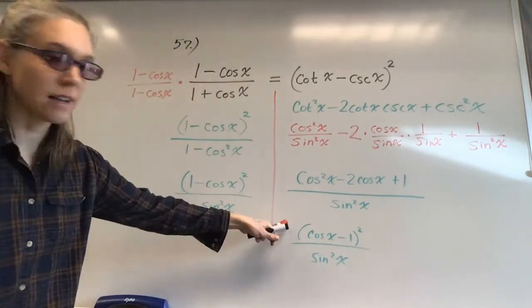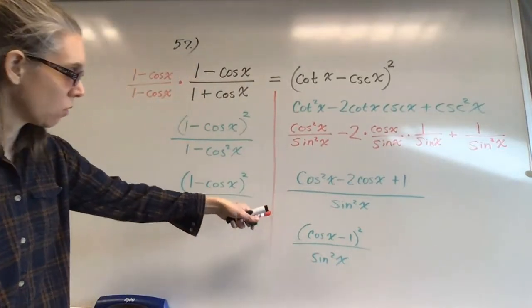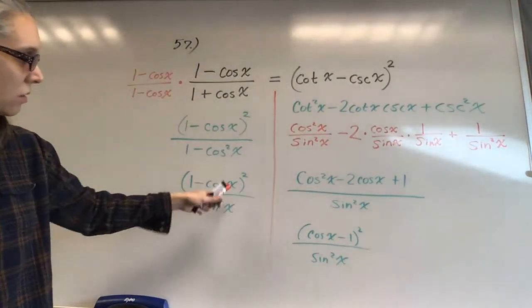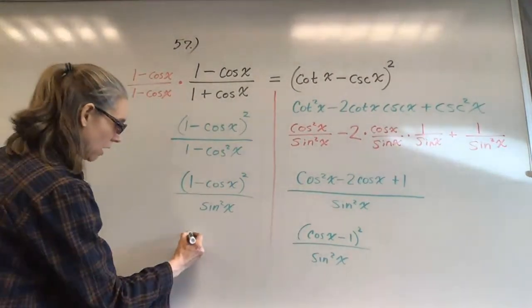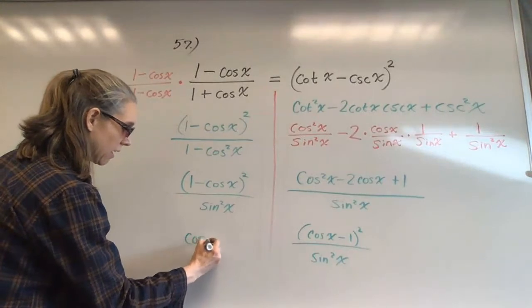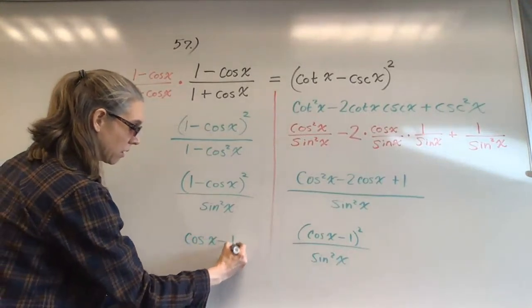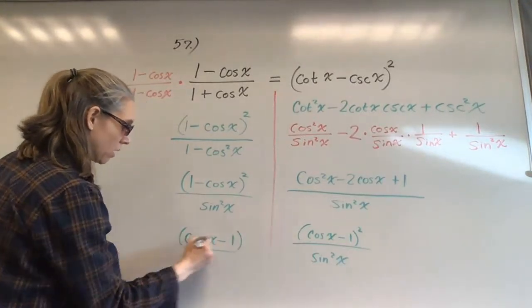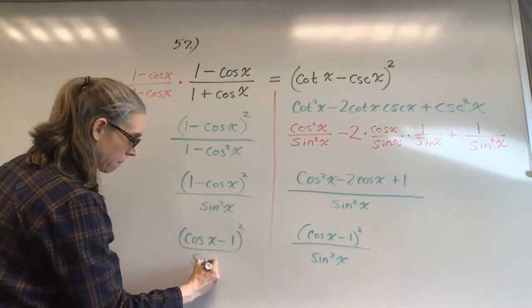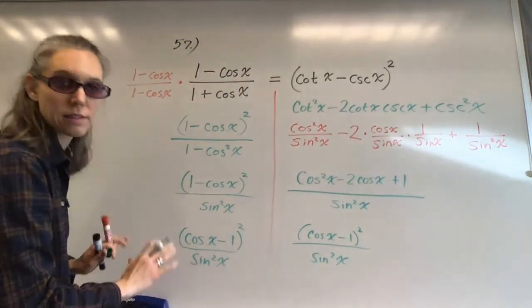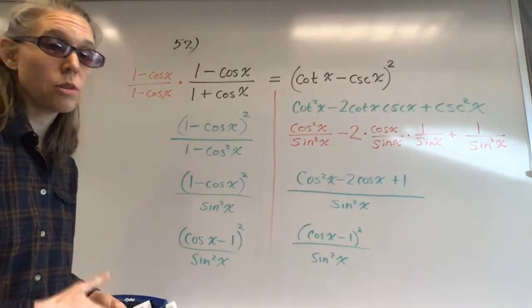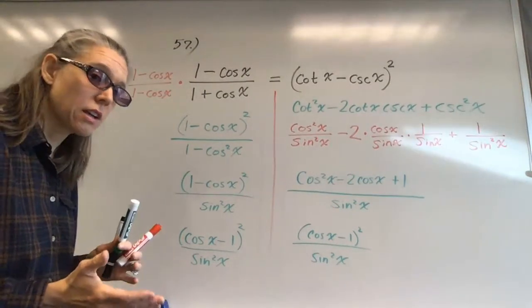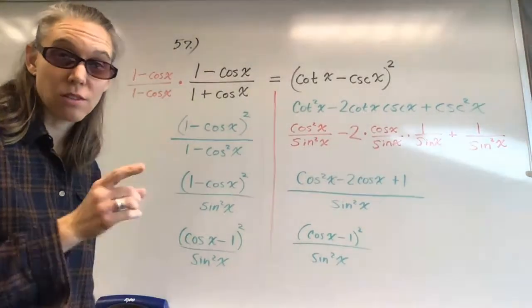And cosine x minus 1 quantity squared and 1 minus cosine x quantity squared are equal to each other. So now I can rewrite the left-hand side as cosine x minus 1 quantity squared over sine squared x, and then I'm done. So that one was trickier. Sometimes you have to try something, it doesn't work, you try something else until you get to your answer.